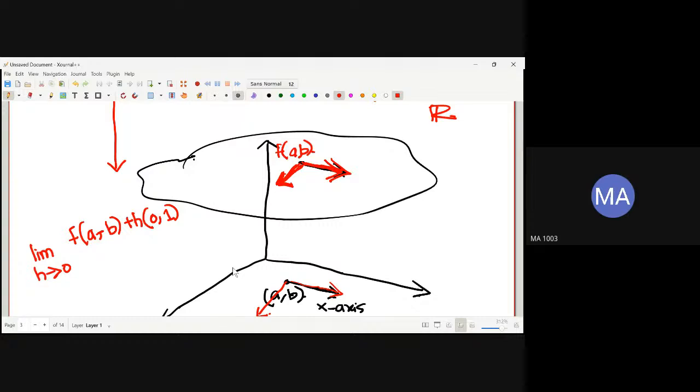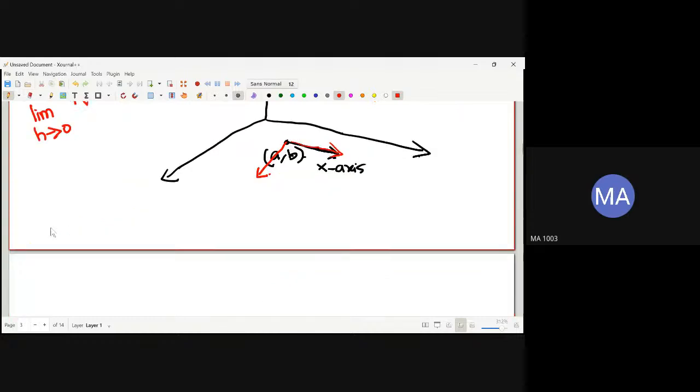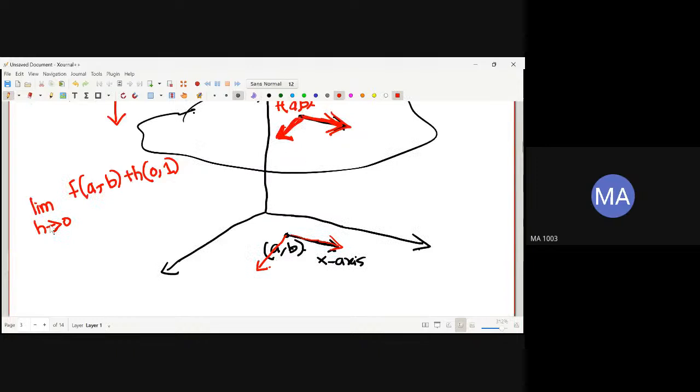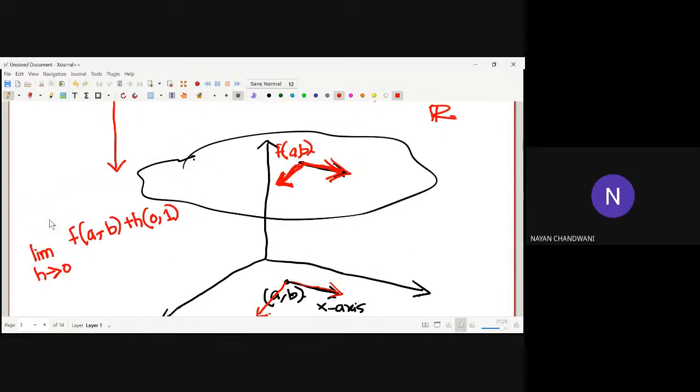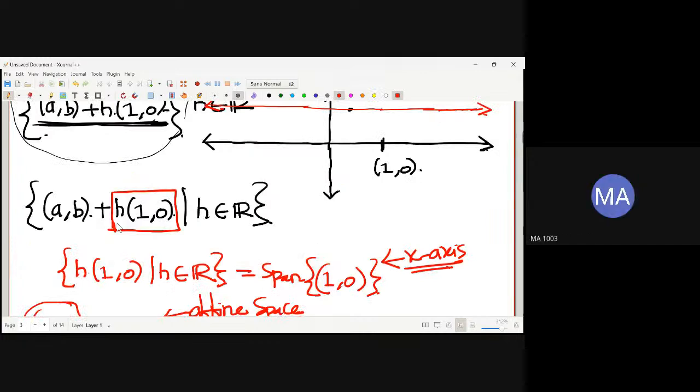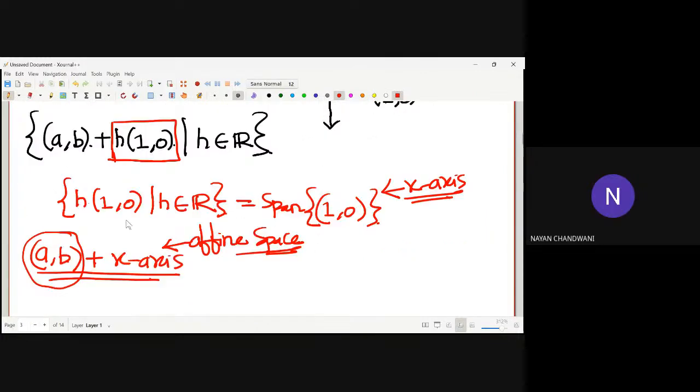Any questions related to partial derivative? Yes, sir. I can see that in this limit we are adding h multiplied by (1, 0), so it will only move along the x-axis. Yes, along the x-axis.